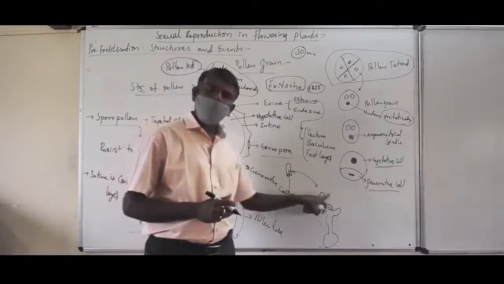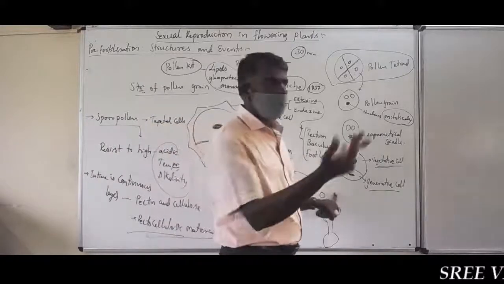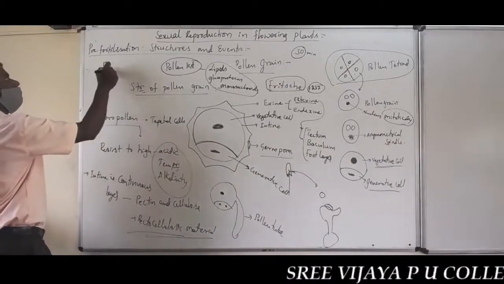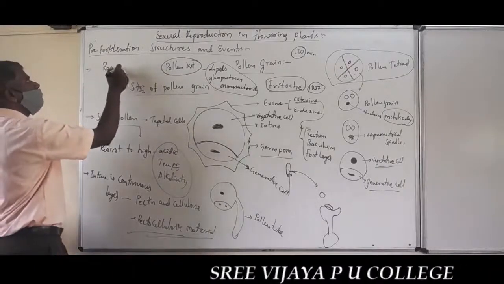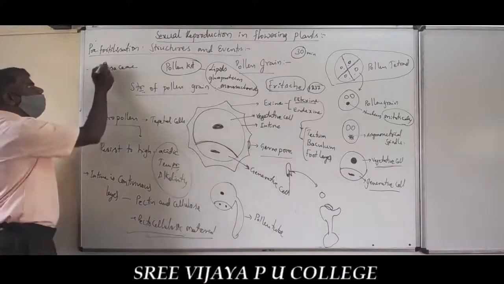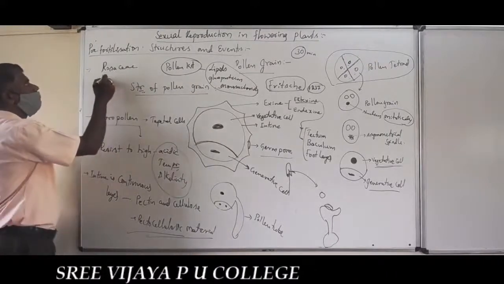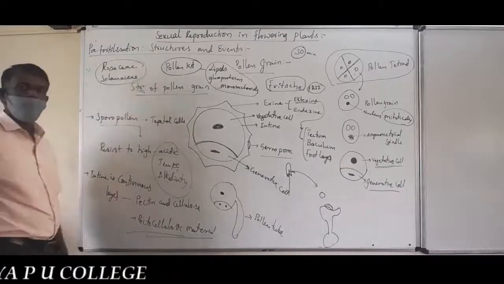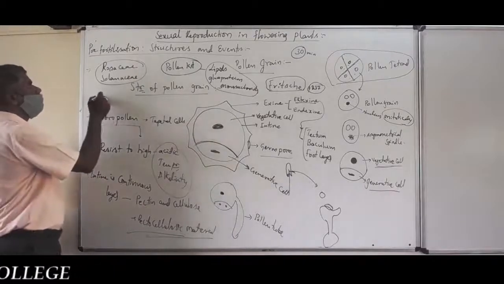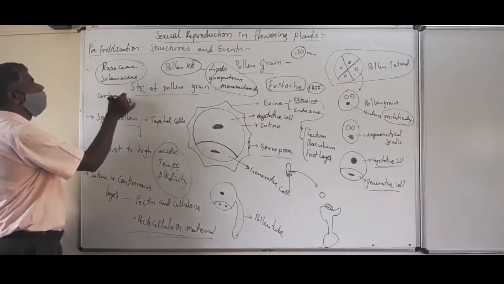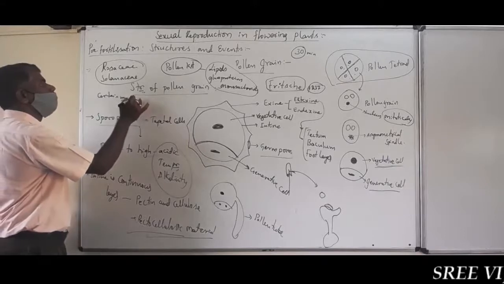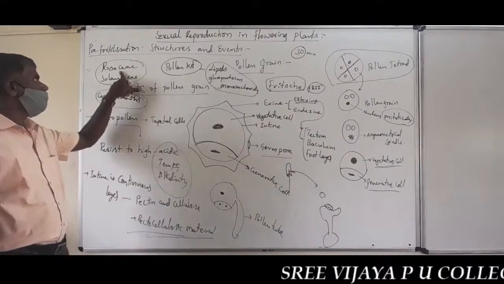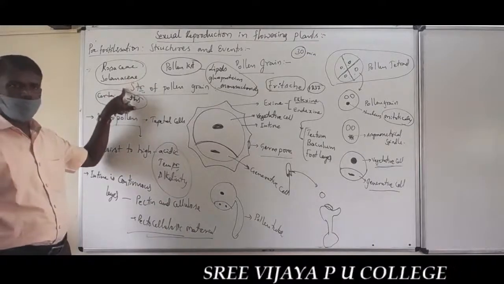In some plants the pollen viability lasts certain months, as in members of the families like Rosaceae and Solanaceae.